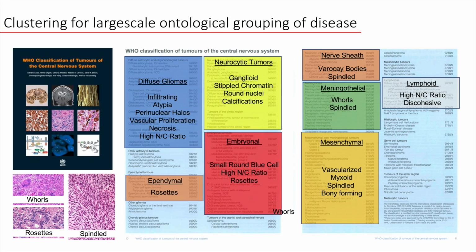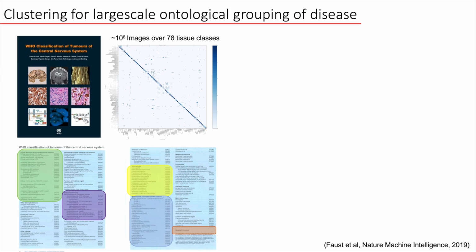Now, of course, there's some features that are common between malignant features like high nuclear cytoplasmic ratio that's found in a lot of different malignant tumors. But overall, there usually is some specific features that are unique to specific classes.